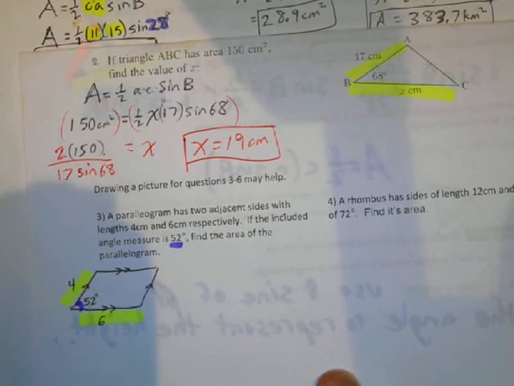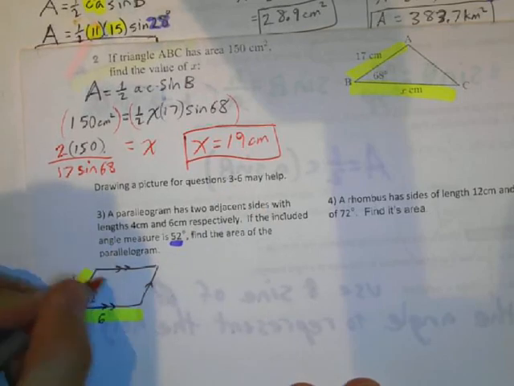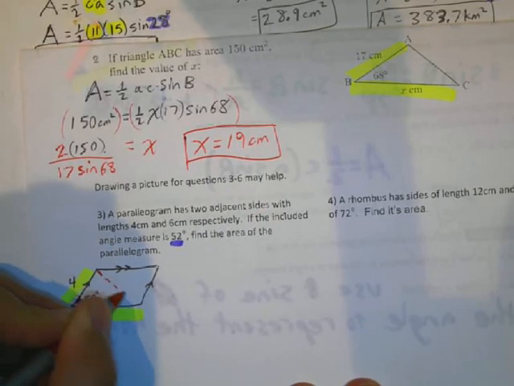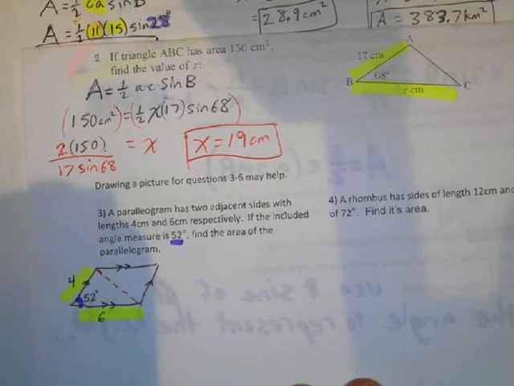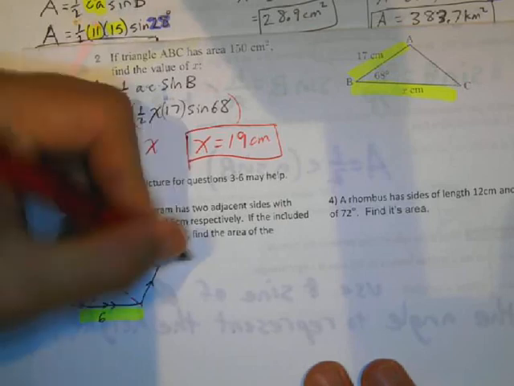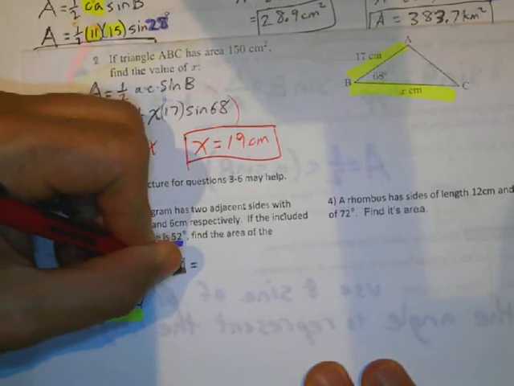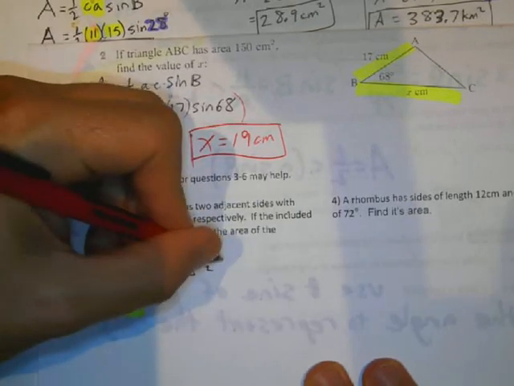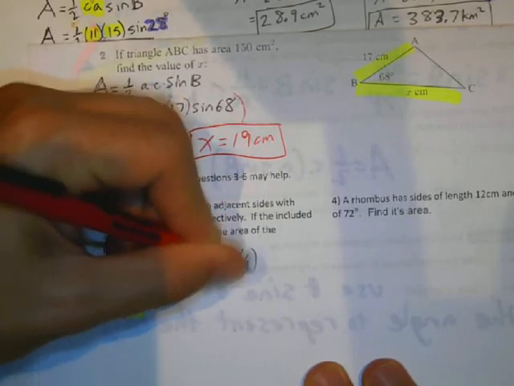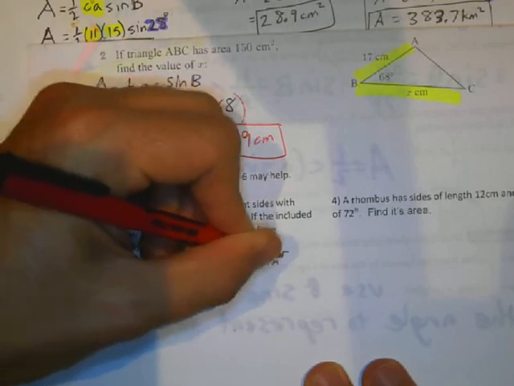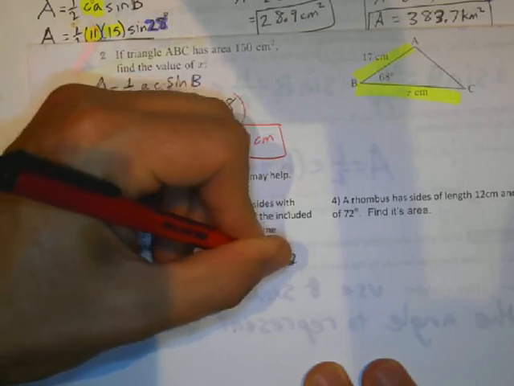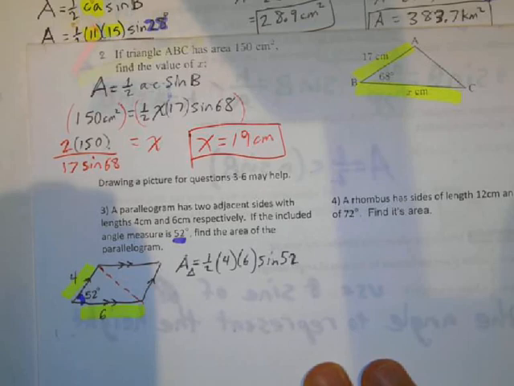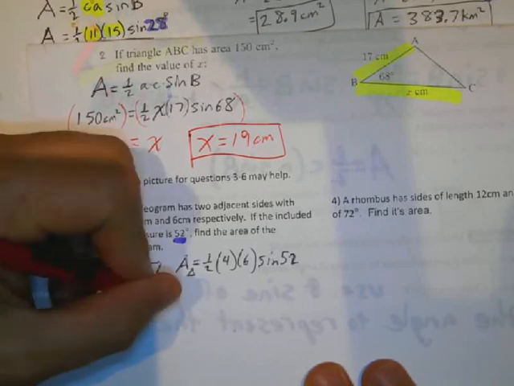Now this is a parallelogram, so it's not a triangle, but if I drew a dotted line through here, then I would have two congruent triangles. So we're going to say the area of the triangle is equal to 1/2 times 4 times 6 sine 52. But we're trying to figure out the area of the parallelogram, right?